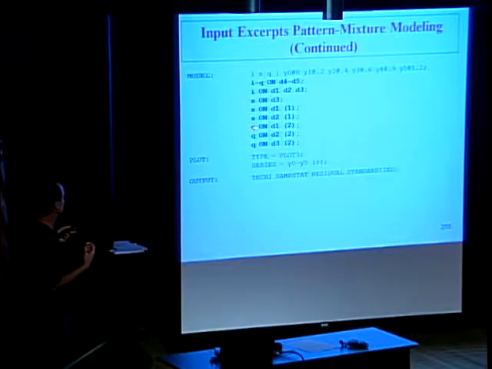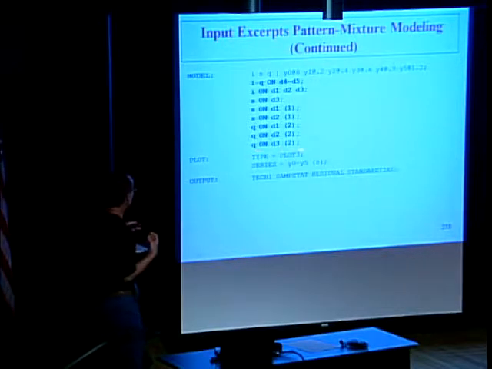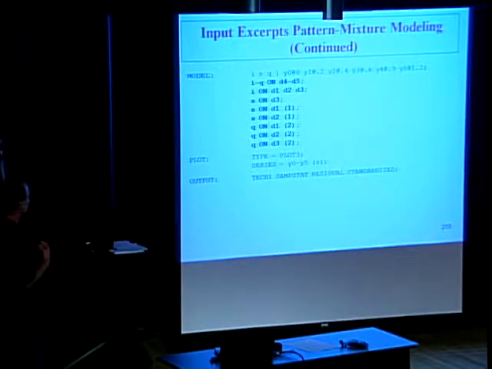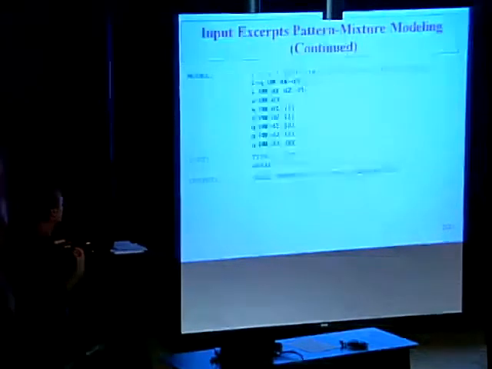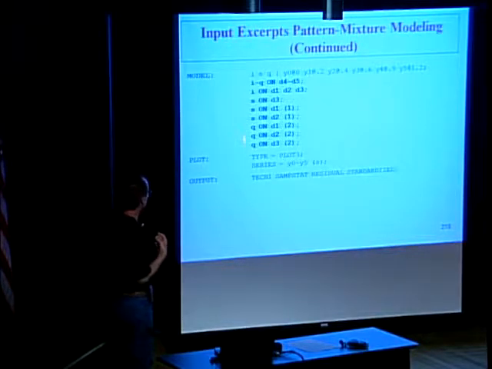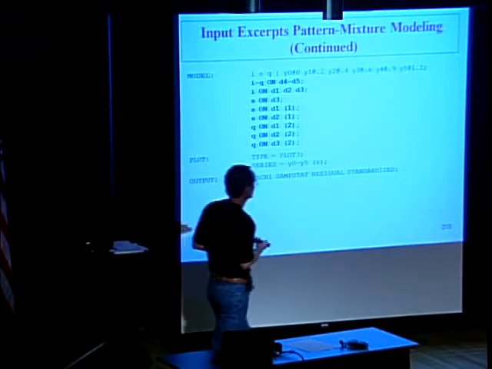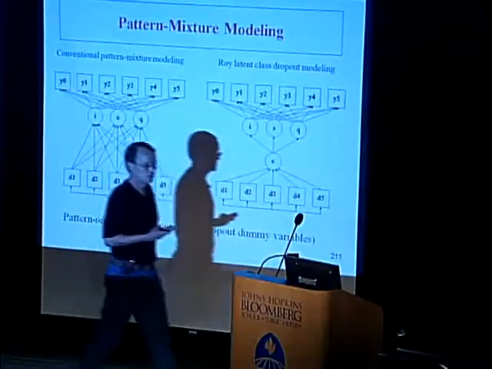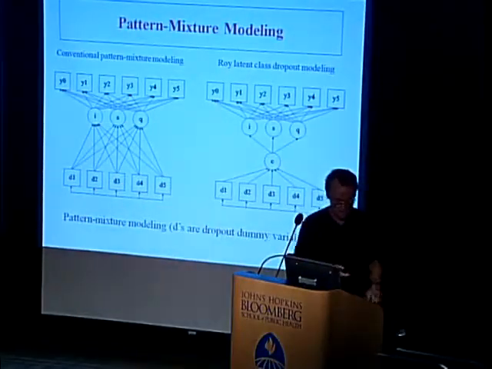Q has to be held equal across the first 3 dropout patterns to draw on the information here, whereas S on D3 can be different. D3 is after having 3 time points. So you have to have these equality restrictions on the model. But other than that, it's a standard pattern mixture approach that you do in Mplus quite easily.